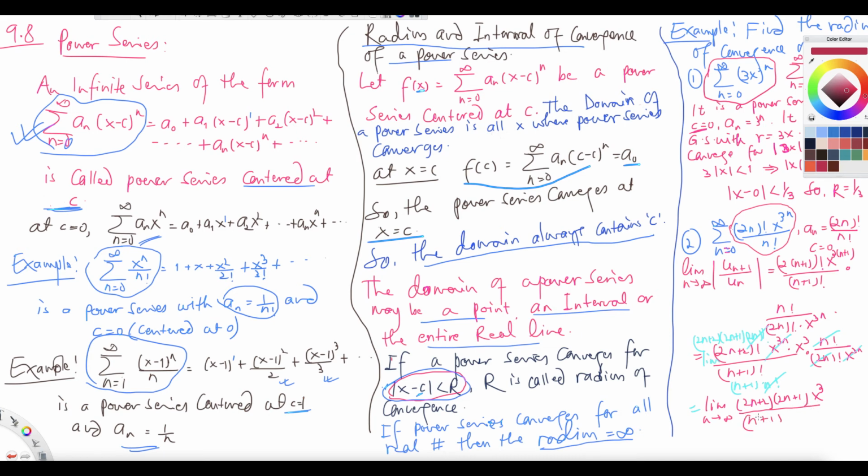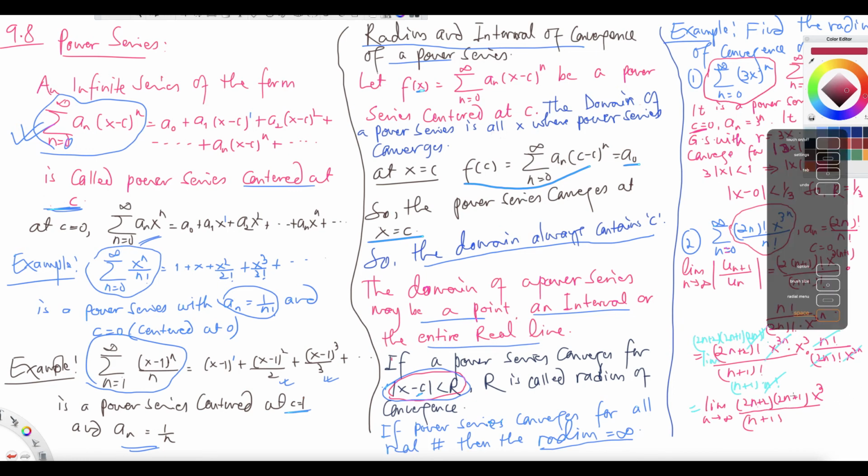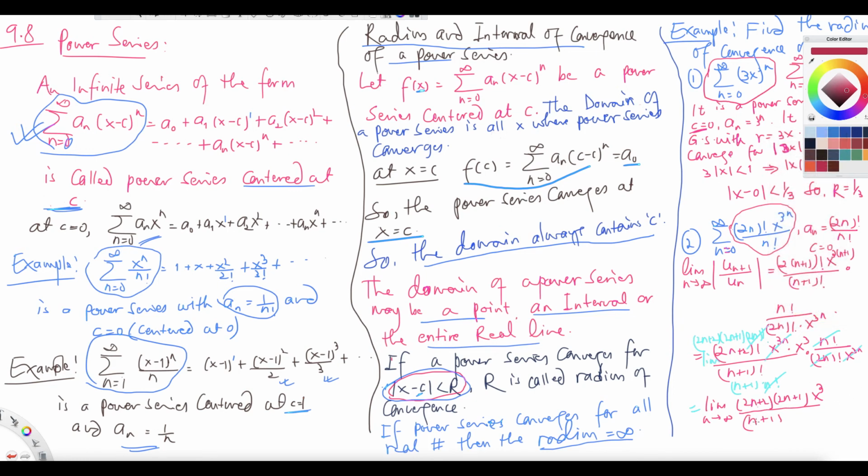Now, do you think this limit is, because you see that there is n squared on the top and n on the bottom. If you use L'Hopital's rule, well, you don't even need it, because for the limit as n tends to infinity, x cubed is like a constant.